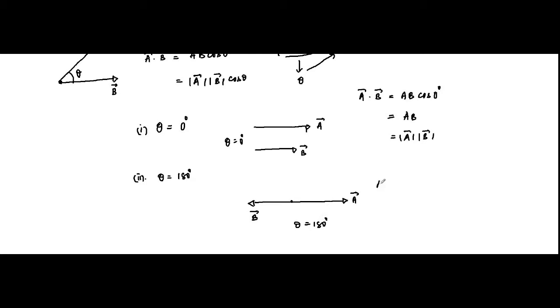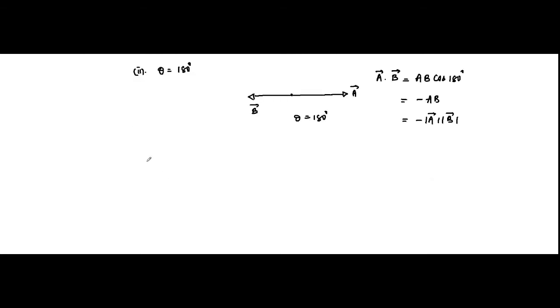So here in this case the dot product is A vector dot B vector, A B cos 180 degree. Cos 180 degree is minus 1, so it will be simply minus AB, or it will be equal to minus A vector modulus B vector modulus. Okay, minus AB.